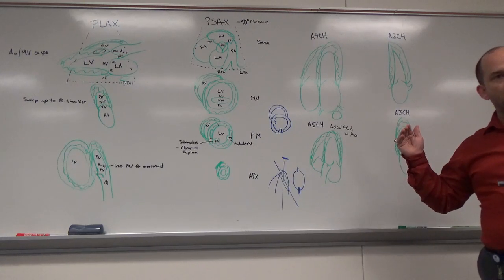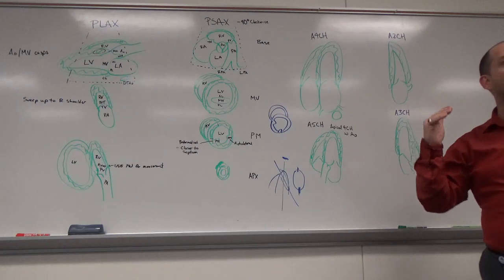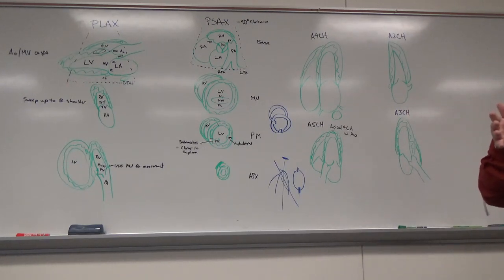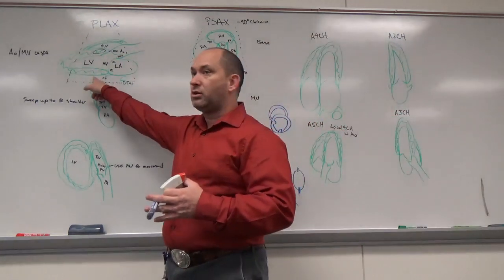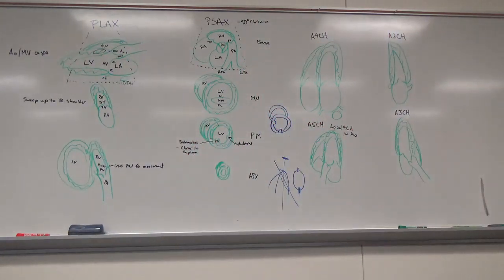When we go over wall segments, you'll notice that everything is either an anterior something or an inferior something, where we used to have an inferior wall and a posterior wall. So you'll still hear me call this the posterior wall, because that's what it was in the 16 wall segment method, which is an older method. Now they've gone to 17 wall segments, but the terminology actually does make pretty good sense.